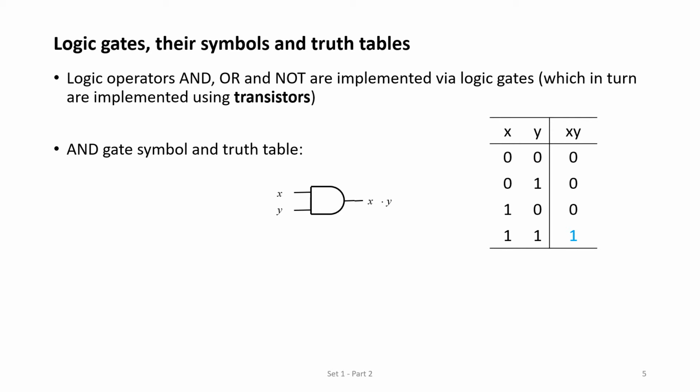Note that an AND gate produces 1 at the output only when all its inputs are 1. For all other combinations of input values, the value of AND is 0.